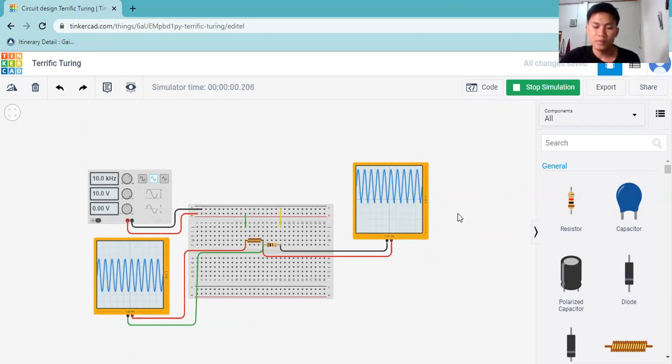The last part of this experiment is to study the behavior of the capacitor and resistor. So let's move to part 3.